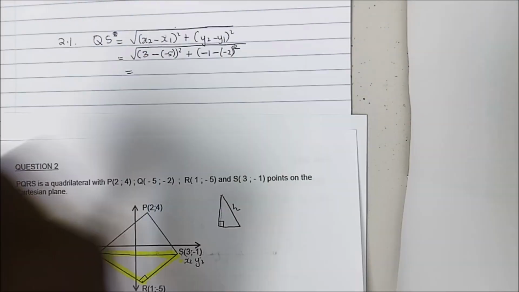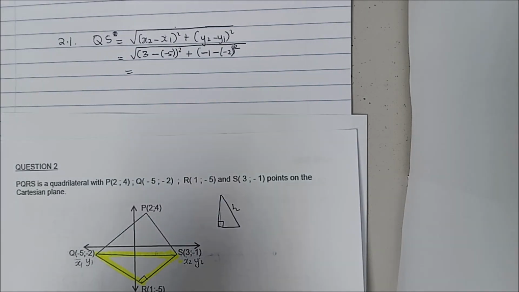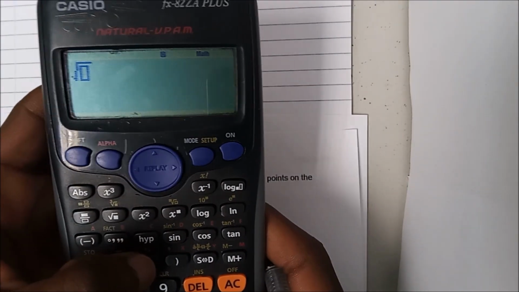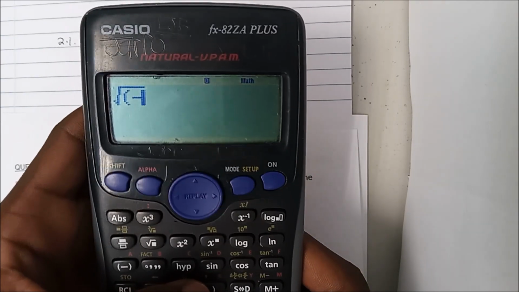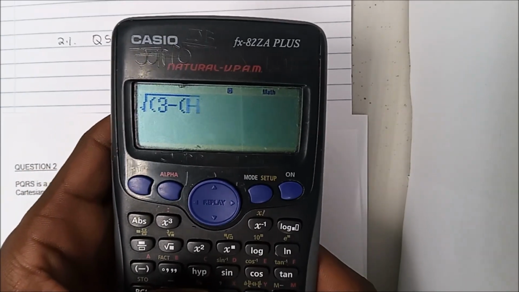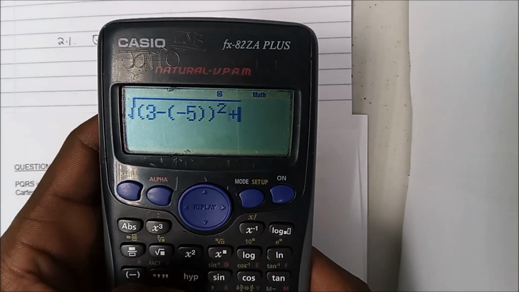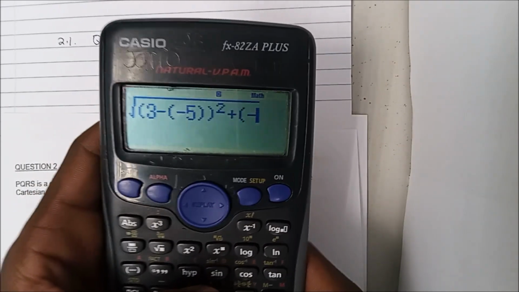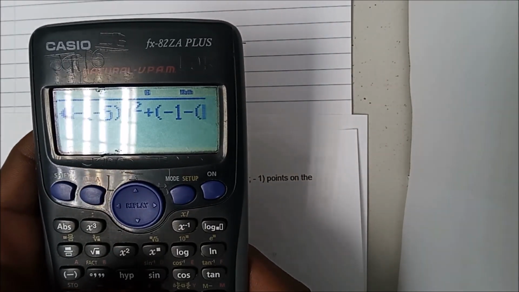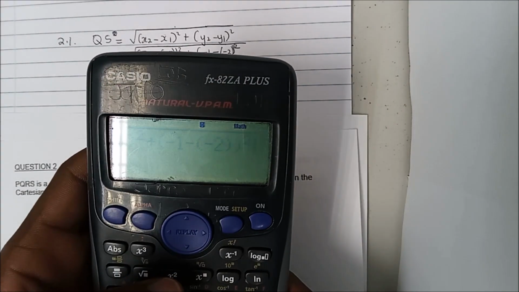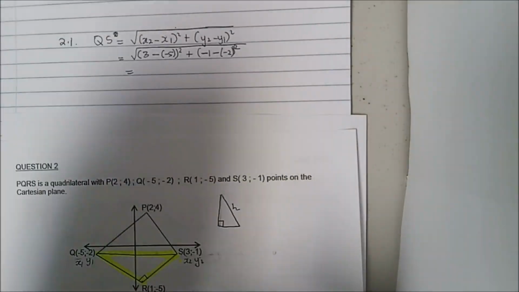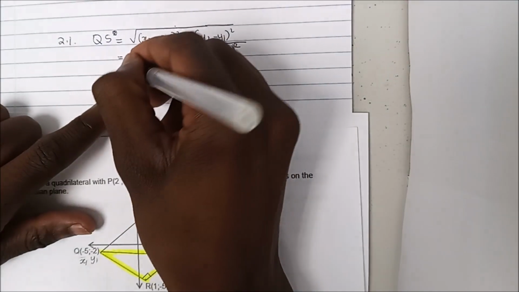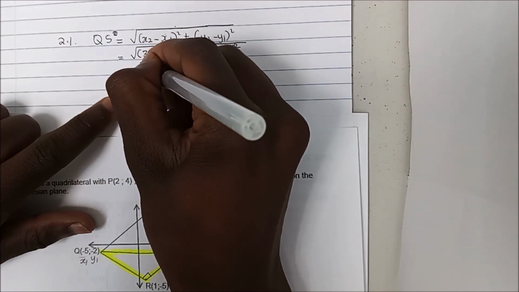So we put the whole thing into the calculator. The square root of 3 minus -5 squared plus -1 minus -2 squared gives us the square root of 65.